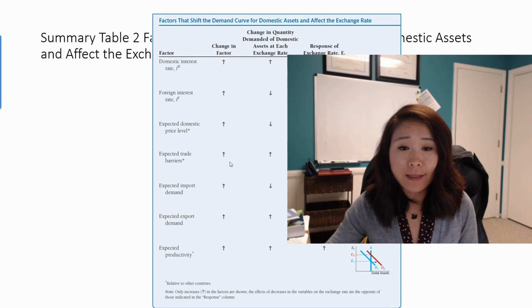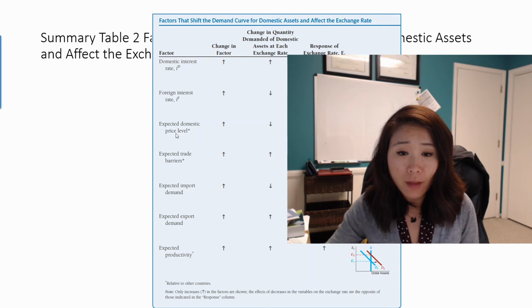Then we are meeting the third situation, the expected domestic price level. If the domestic price level goes up, the demand curve for U.S. assets will shift to the left, decreasing the exchange rate. So both from the productivity perspective and the expected domestic price level perspective, the U.S. currency is under big pressure to depreciate.